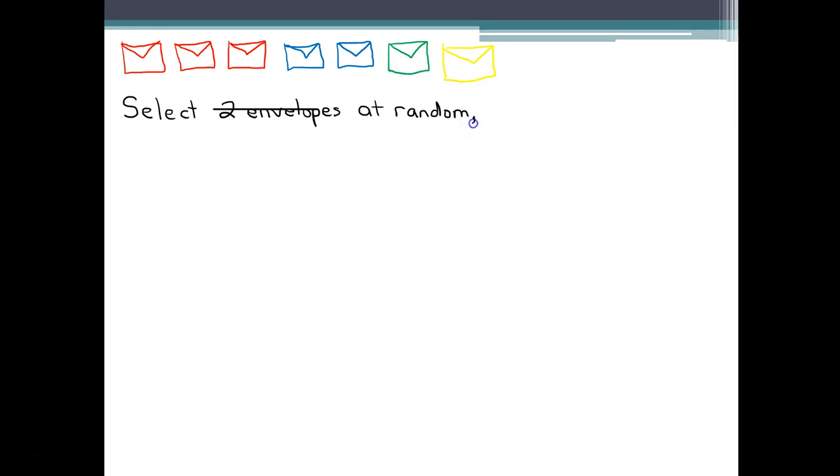This is going to be with replacement. Very important. With replacement versus without replacement is very different. I'll specify why in just a second. And we want to figure out the probability that both are red.